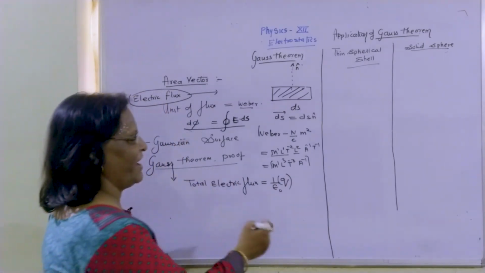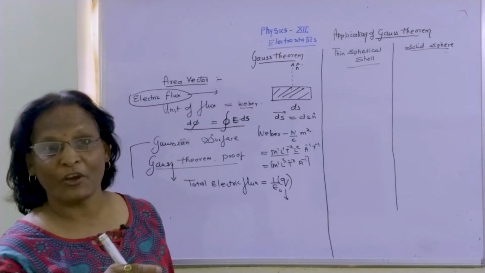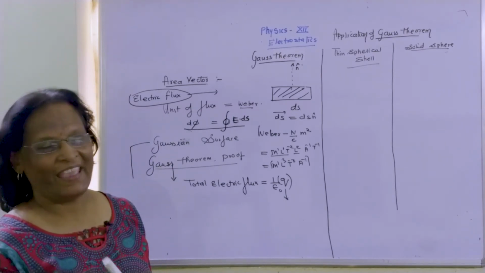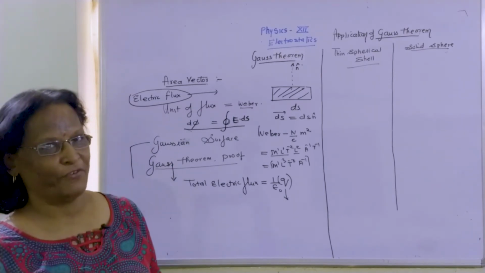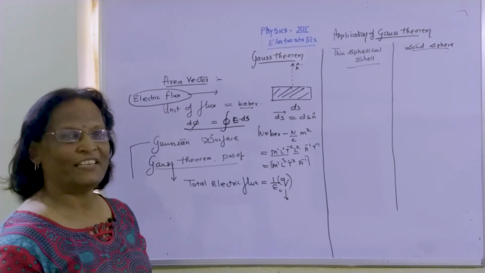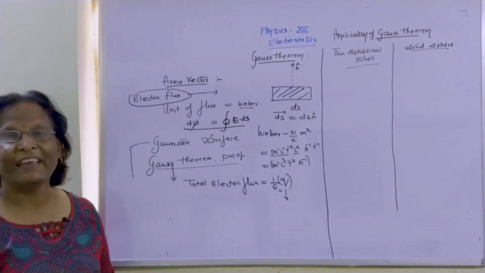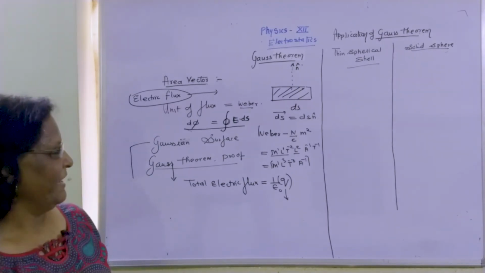Now this charge should be enclosed inside the closed surface. If the charge moves out of that particular surface, then that charge will never be responsible for our electric flux.